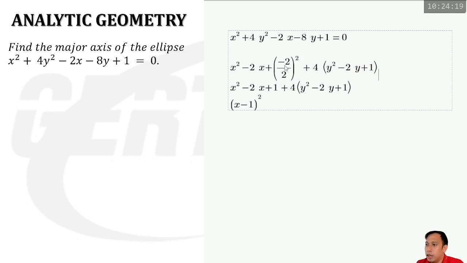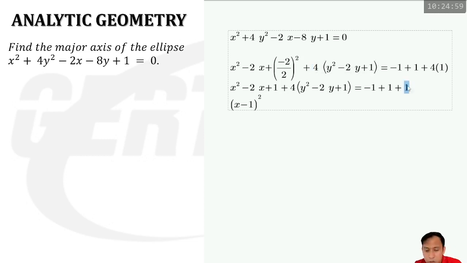This is equal to what? The negative 1 is transferred to the other side and becomes negative 1, then we add 1, so 1 plus 1. Wait, that's incomplete. It must be 4 times 1, since we added 4 times 1 here, not just 1.